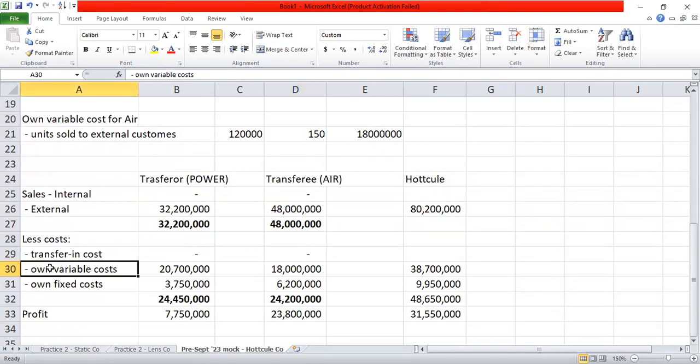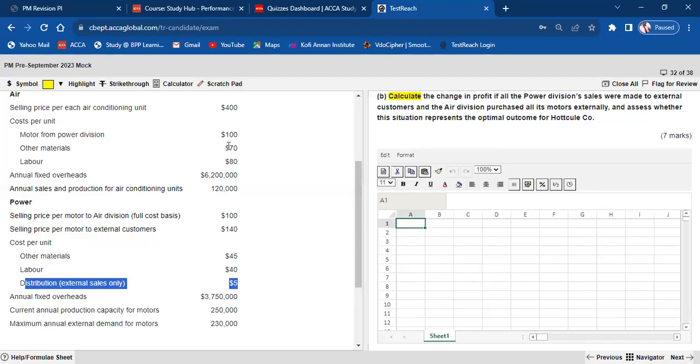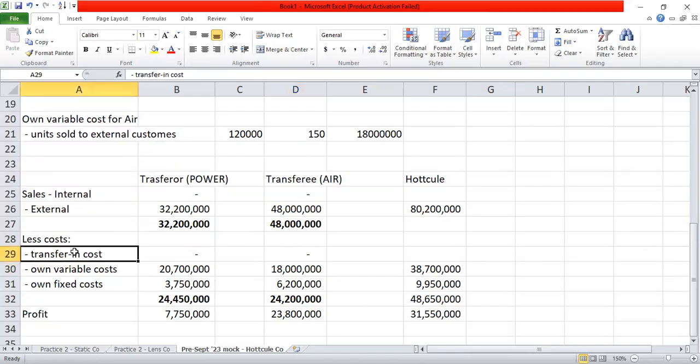See, they are spending variable costs of 150. That is 70 plus 80. But the motors that they are no longer getting from the Power division, I didn't account for it. This time around, rather than having a transfer in cost, they are having motors from an external supplier.